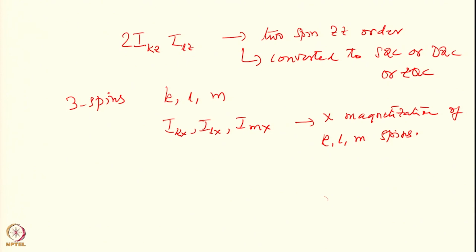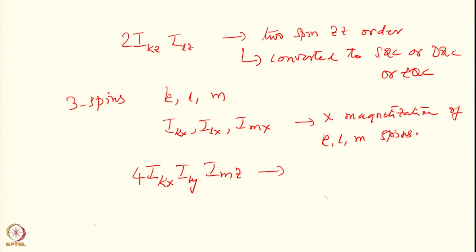Now there can be 3 spin terms. 3 spin terms are like, suppose I have things like 4 IKX ILY IMZ. I get a term, magnetization in the pathway. What does this imply?